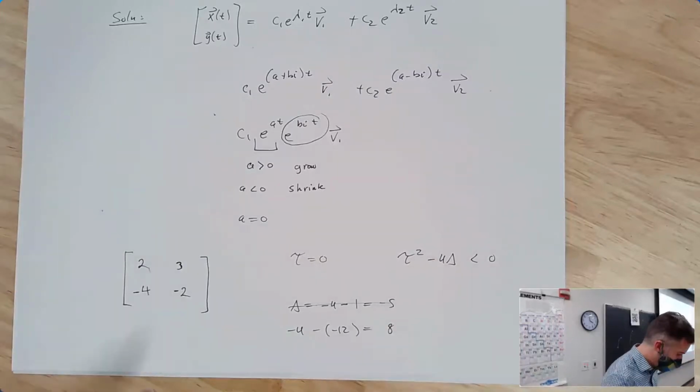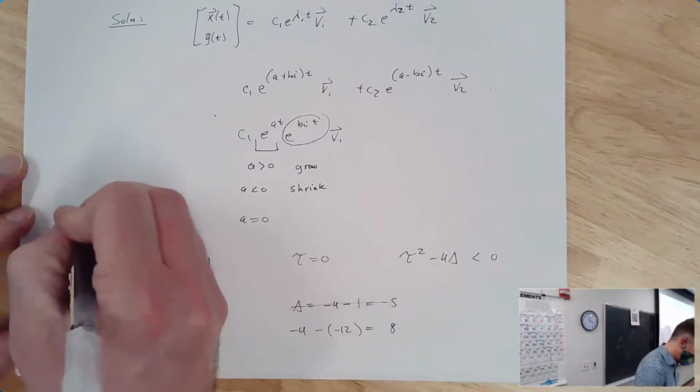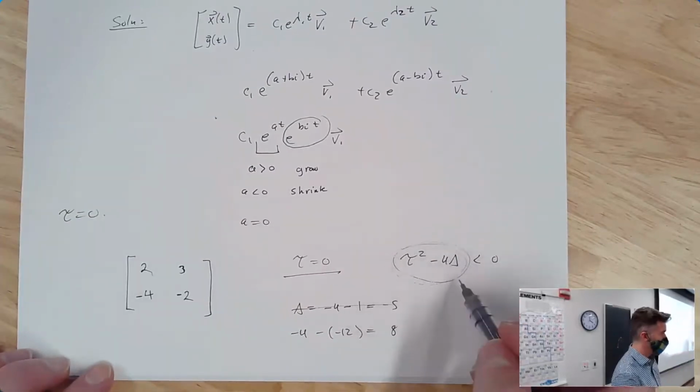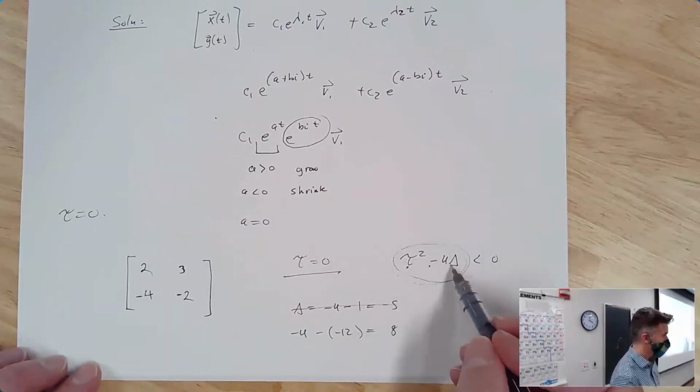Okay, so this matrix should have imaginary eigenvalues, and it should have 0 real parts. The trace is 0, and the discriminant part here is definitely going to be negative, because you get 0 minus 4 times 8.